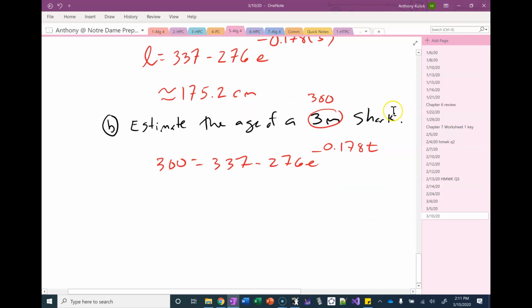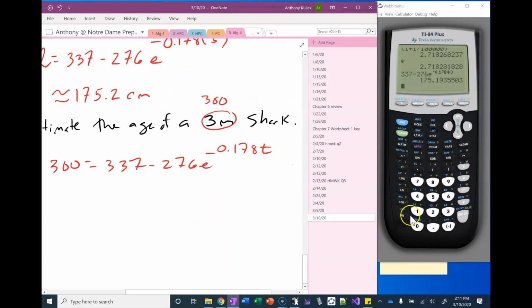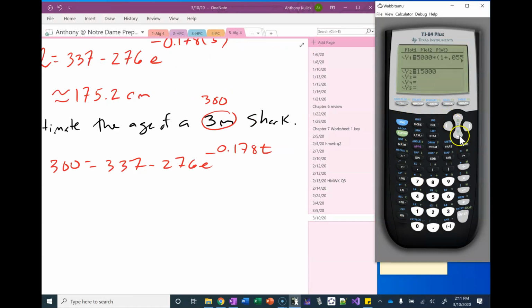So we'll solve this equation now using our calculator just like we did before. I'm going to do 337 minus 276 second ln negative 0.178x, and then 300. Okay. And then we'll go to our window. Who knows something about sharks, at least a little passing knowledge? How old can a shark get?